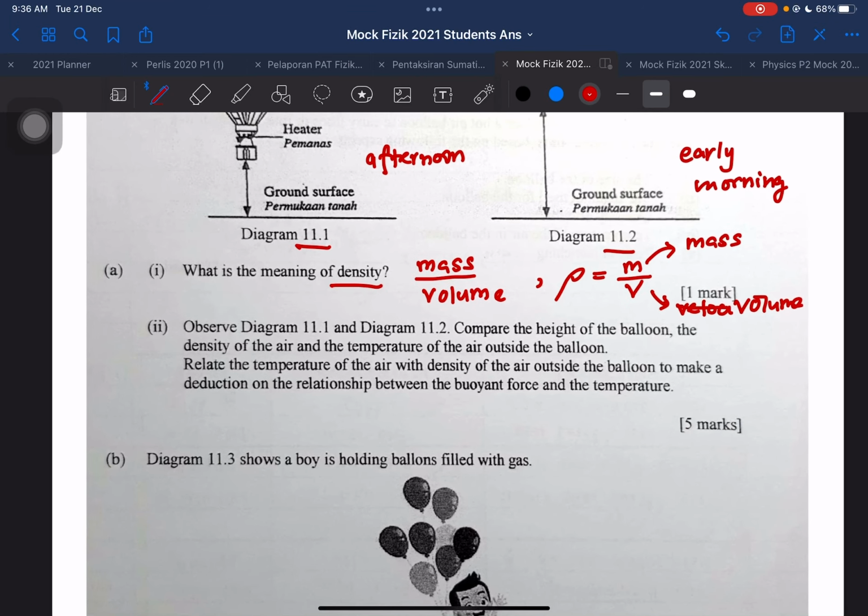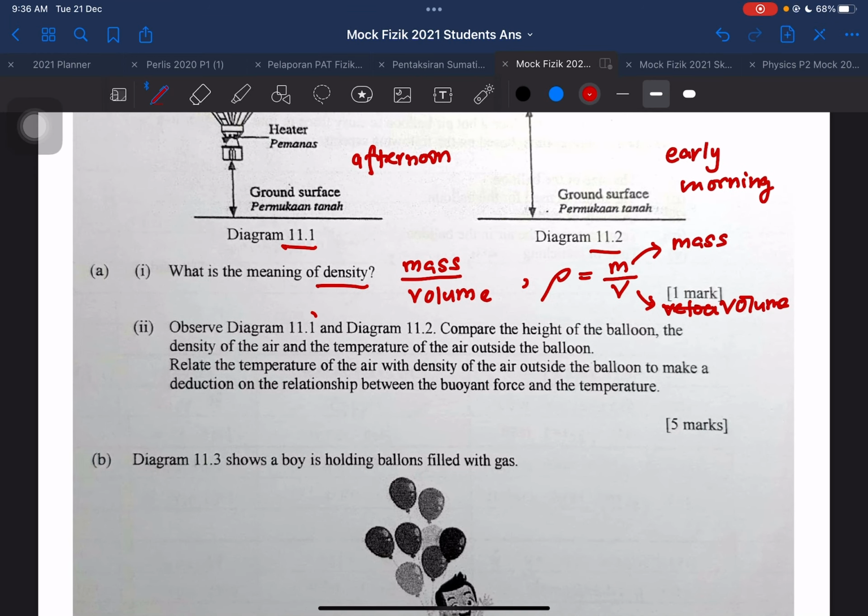A2. Observe diagram 11.1 and 11.2. Compare the height of the balloon, the density of the air, and the temperature of the air outside the balloon. Then you need to relate the temperature of the air with the density of the air outside the balloon and make deduction on the relationship between buoyant force and temperature.